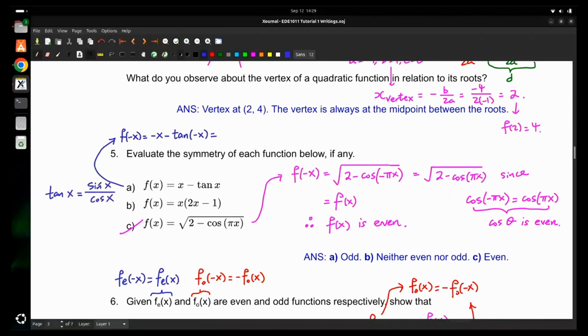So sine x is odd. So this is really odd divided by even. So odd divided by even is odd. So this is going to give you the result of tangent x being odd. Okay? So tangent x is an odd function.